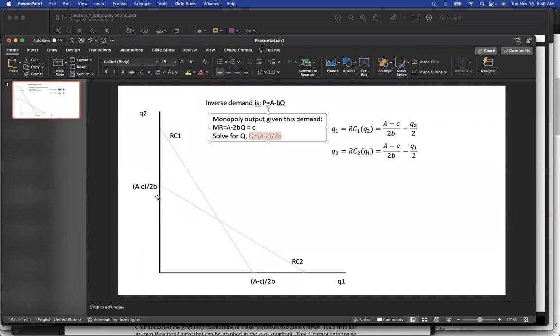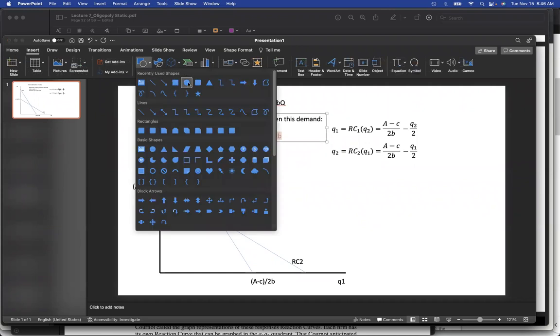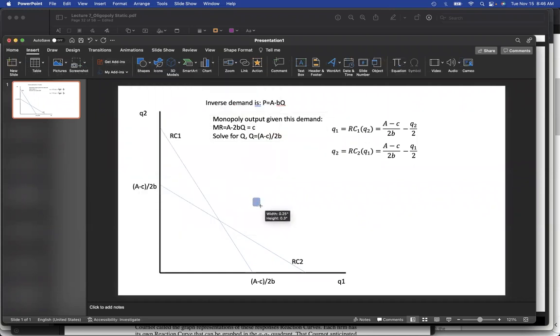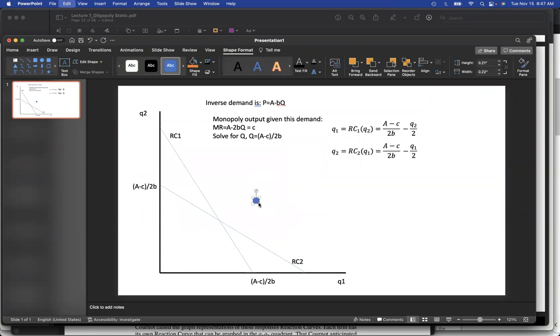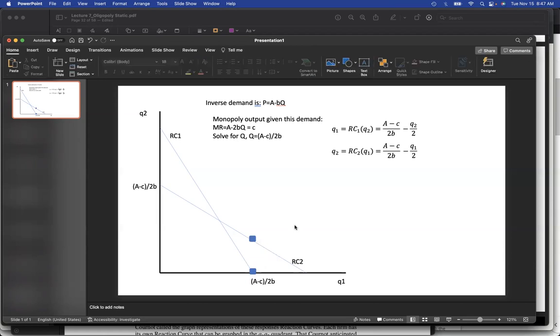But here we have a more complicated concept. Why? Because, simulan natin dun. Let's say, nandito ka. Again, mag-i-insert lang tayo dito ng something. Insert a shape. Dito ka. Okay. So, hinihilera ko dito para nasa RC2 siya. So, my question to you is this.